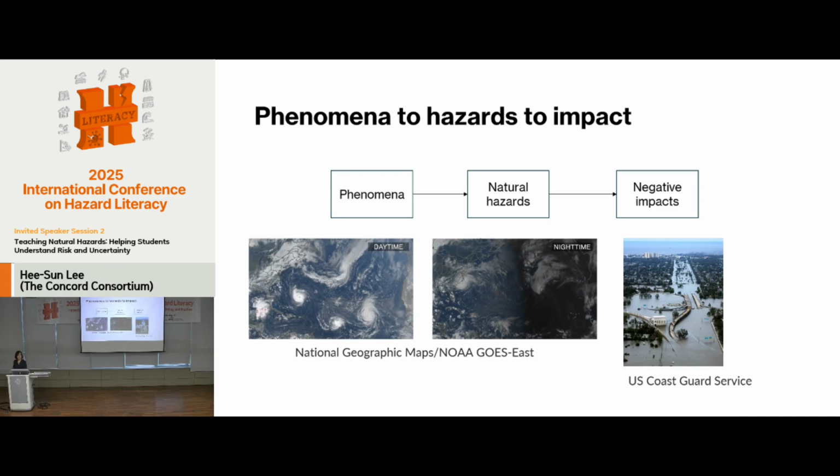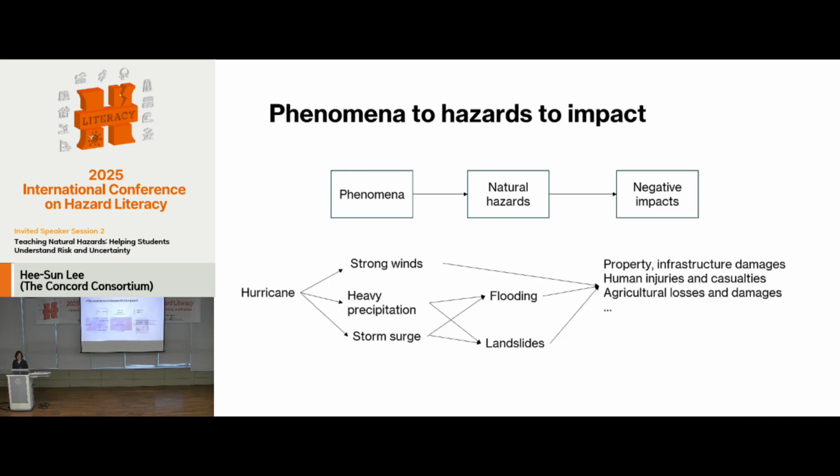So this one, we can communicate to students pretty generally. But we not just want the general thinking, we have to be more specific. So we thought next, a hurricane contains wind hazard, heavy precipitation, and storm surges.